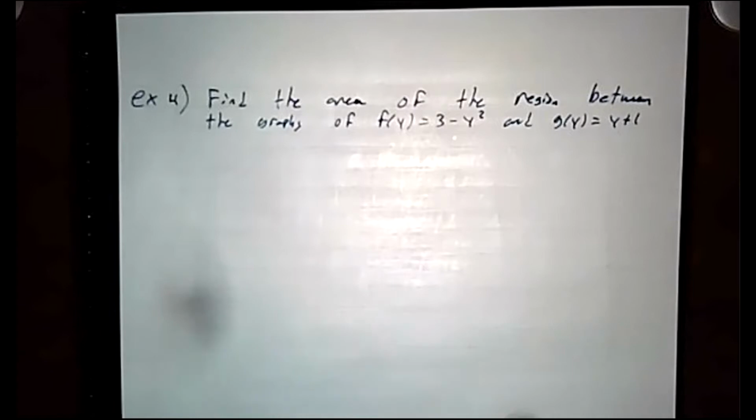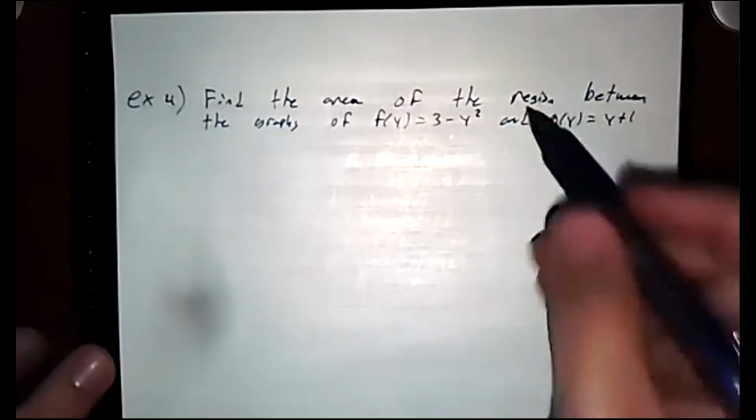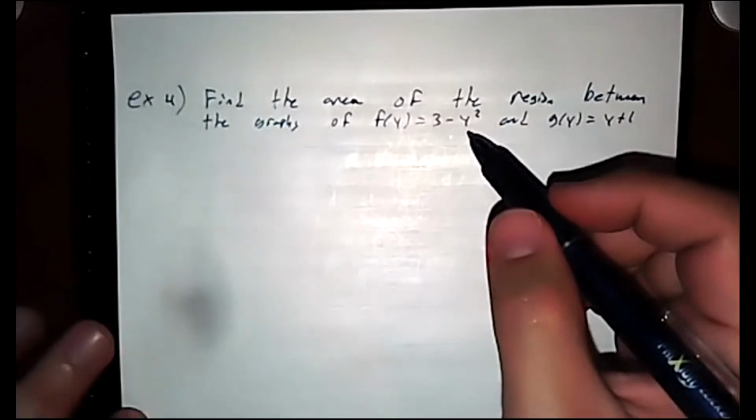Okay, there it is. All right, so let's go ahead and graph this. This is going to be a sideways parabola. This is going to be a line. We do need to know where they intersect, so let's start with that.